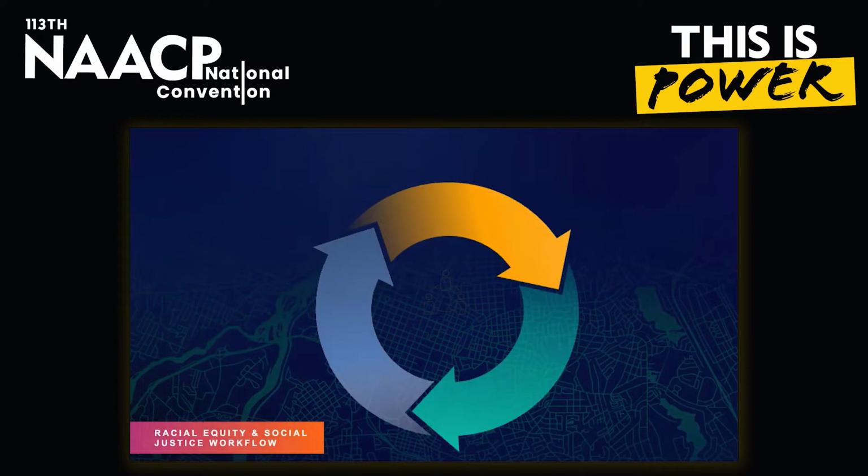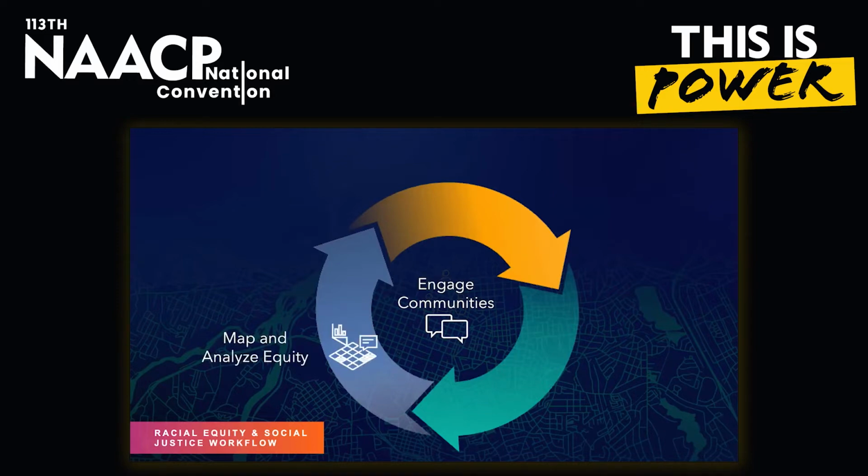More specifically, it's a geographic approach. Community engagement is at the center of this racial equity and social justice workflow, recognizing and supporting your need to engage communities at every stage of your work. Taking a geographic approach means beginning by mapping and analyzing equity, using maps and location analytics to identify barriers, communities, and opportunities.